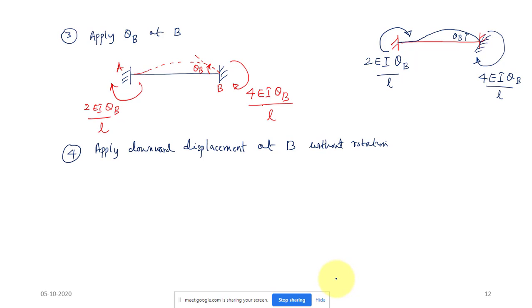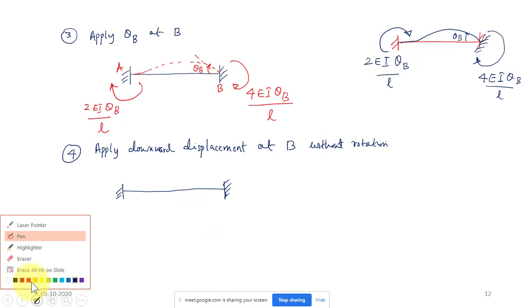So again we are taking the fixed beam. What is the displacement we are going to have?